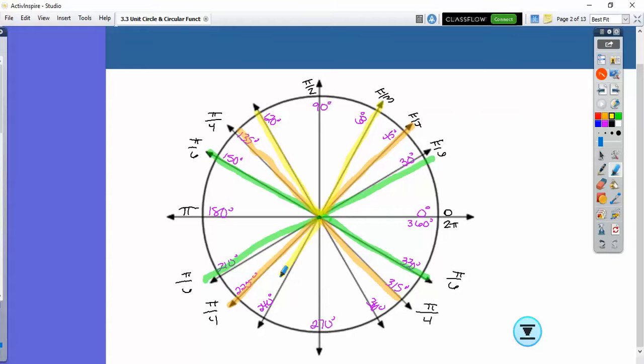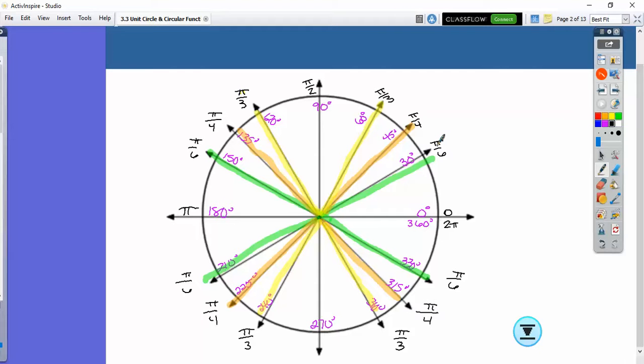All of these are the 60s, so that would be pi over 3. And then we talked about patterns for the numerator. In the first quadrant, it's always just pi over.